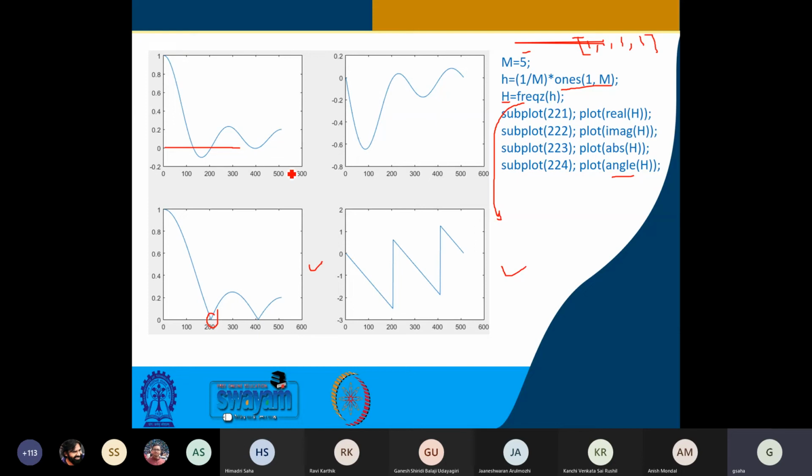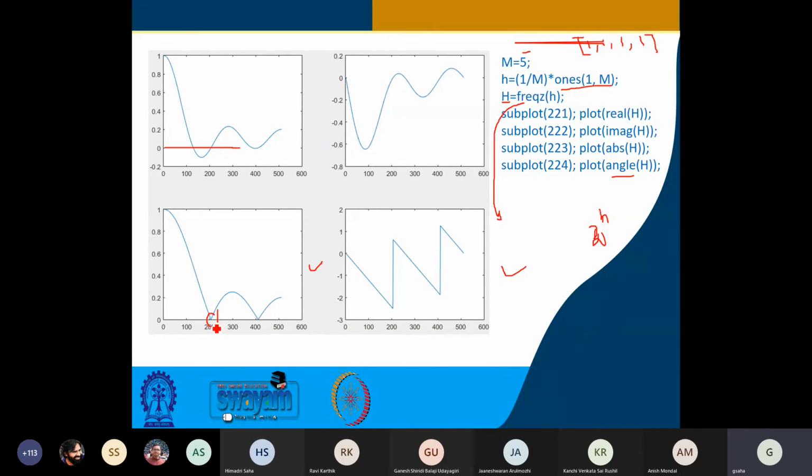Now, what is this 500, etc.? This part, can somebody tell? I guess number of points. Number of points. Okay. So usually on its own it takes some 512 or some such points, an integer power of 2, that kind of value they put in the analysis.